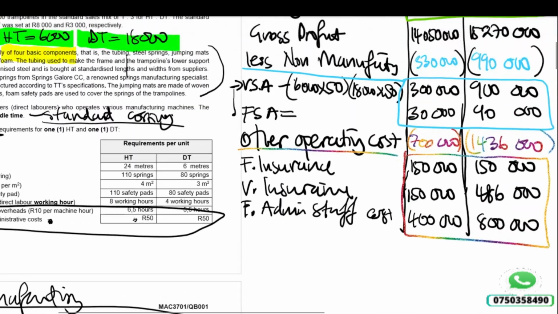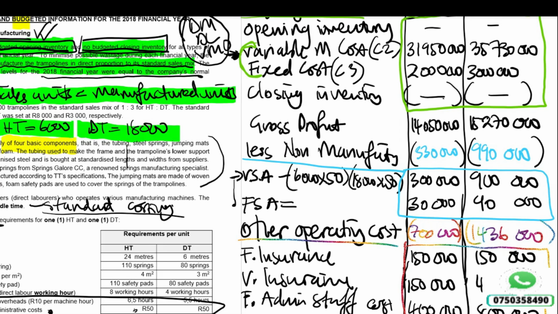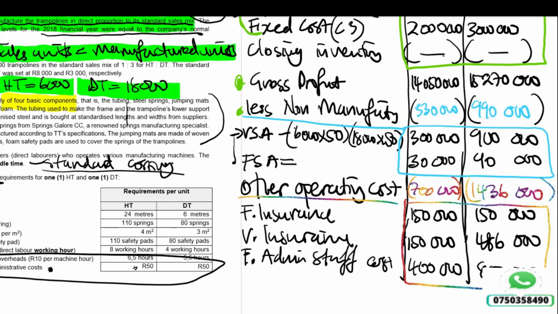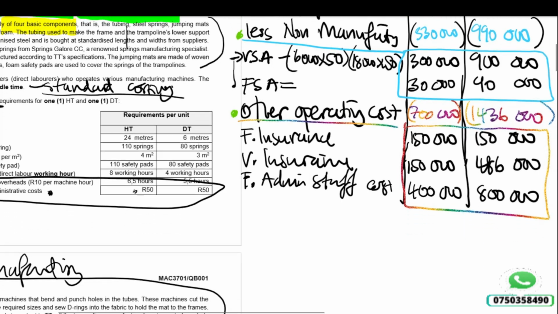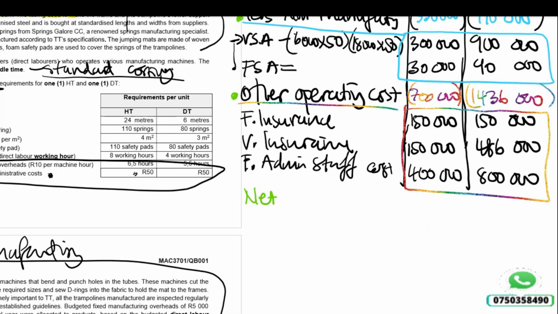If we say our gross profit, less non-manufacturing cost, which is this one, less other operating cost, that gives us our net profit for each.